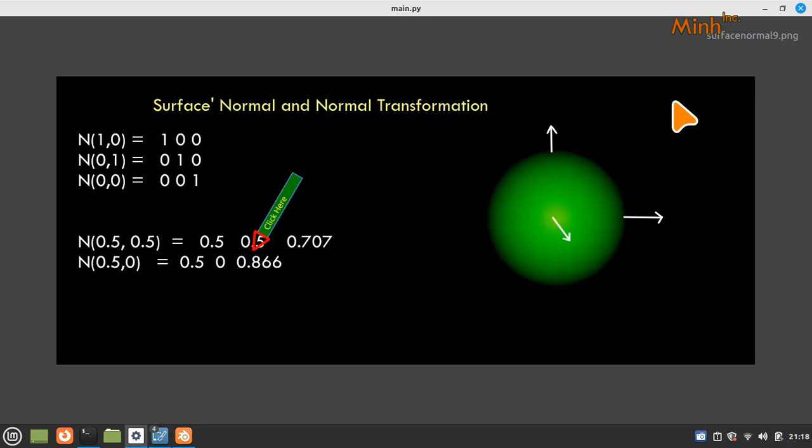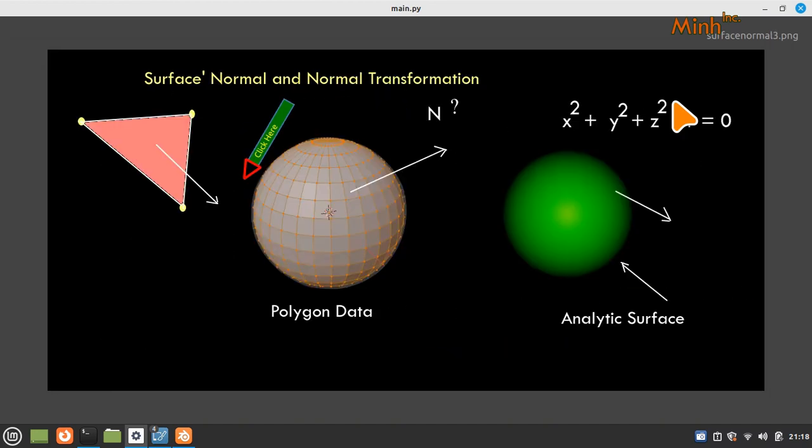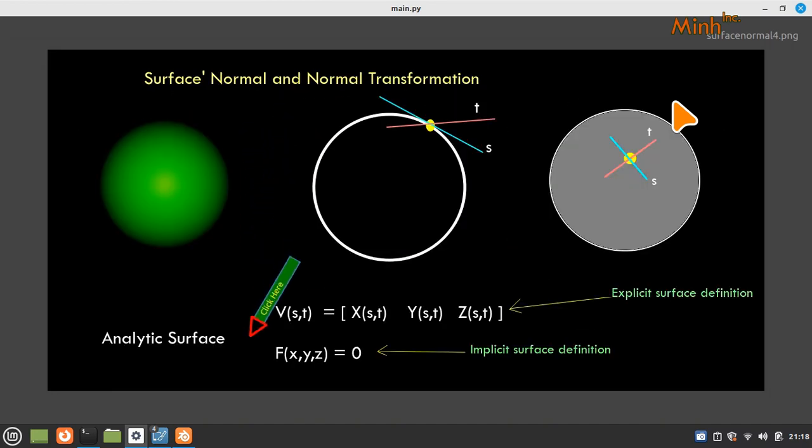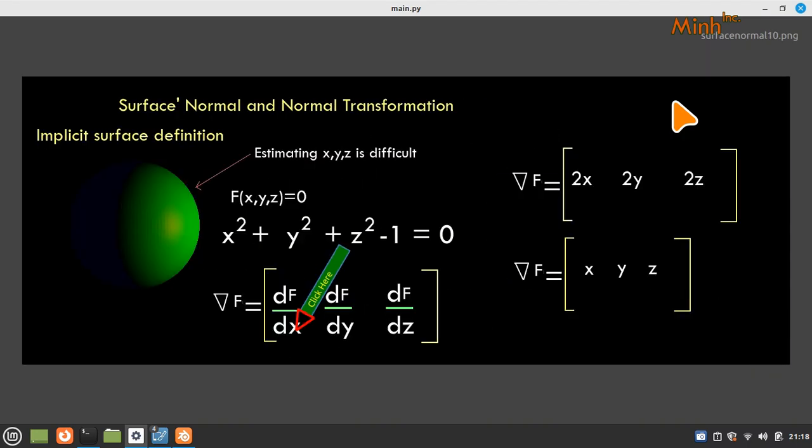Okay, now we finish this, now we'll see the implicit definition, implicit surface definition. Now if this is a surface, I mean a sphere, then implicit surface definition leads to f(x,y,z) equal to 0. Okay, and then we have to calculate the formula like this: x square plus y square plus z square minus 1 equal to 0.